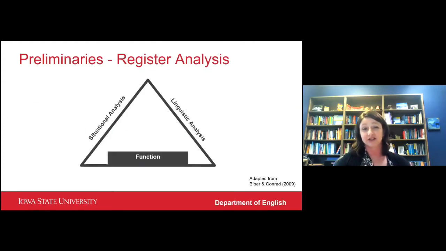When we talk about register analysis, we typically talk about two different components. We talk about the situational analysis, and this is sort of the non-linguistic characteristics of the text that define the text variety. So the news register, for example, is characterized non-linguistically by the fact that it's written by someone who has a lot of information for an audience, a popular audience that doesn't really need to have any existing knowledge or expertise.